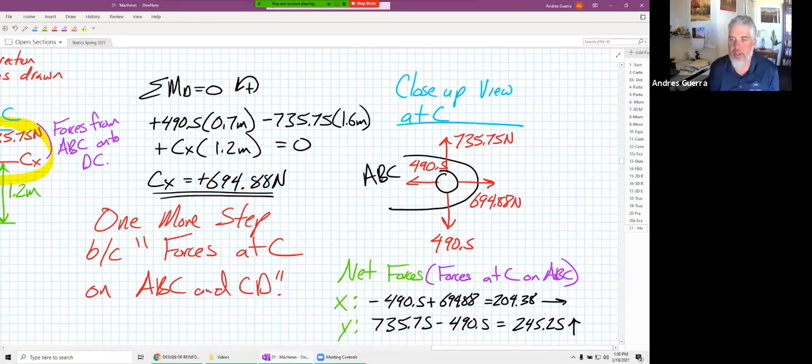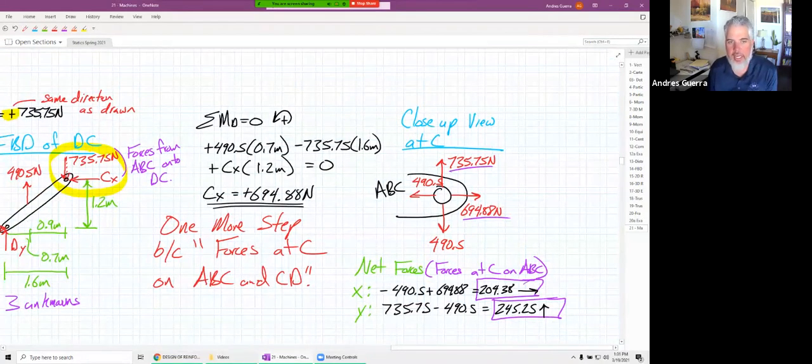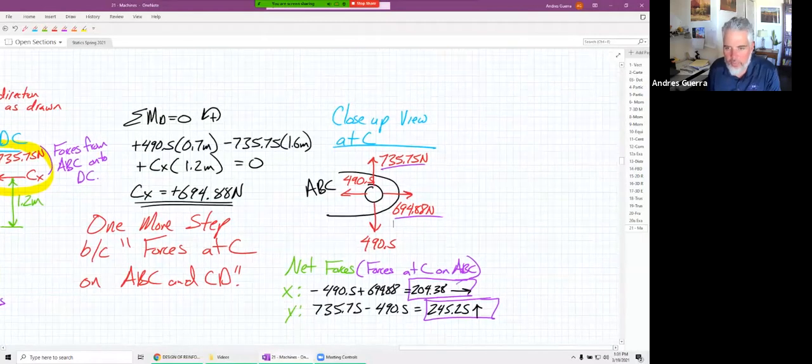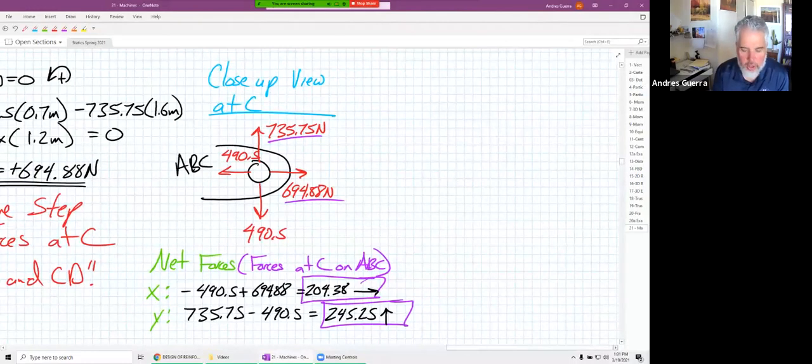So that's the final answer that they are asking us to find here. They want us to find those numbers, not the 735 and not the 694.88. Although, wouldn't those be the net forces at point C acting on D to C? Because from our FBD of D to C, it's only the 735 and the CX that are acting at point C. So the net forces on D to C would be, let's take a close-up view.